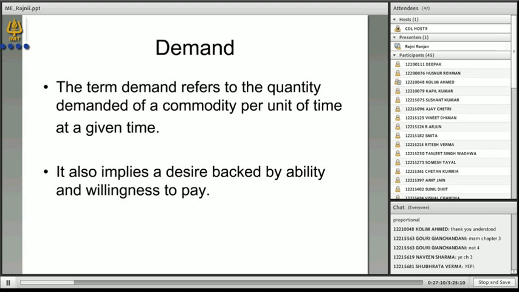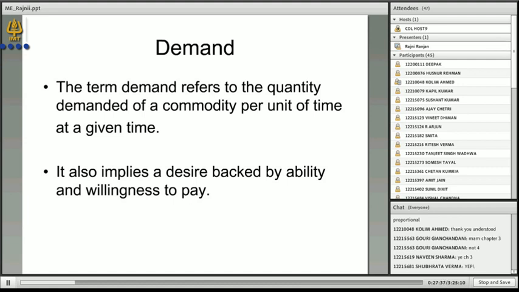Now we will analyze demand from the angle of the consumer's point of view, and supply from the point of view of suppliers. Meanwhile, when we are doing this chapter, my request to you all is to keep yourself in the shoes of a consumer, thinking how you behave when you are a consumer of a certain product.